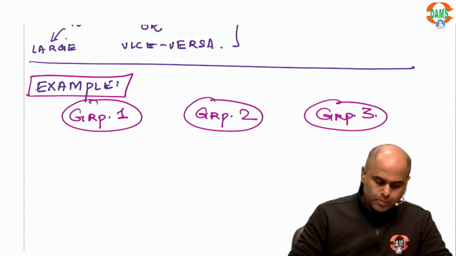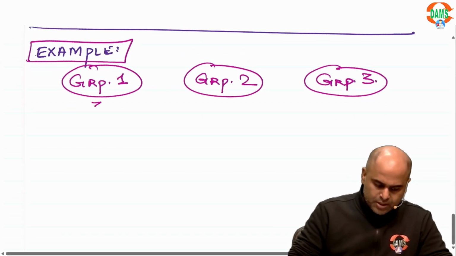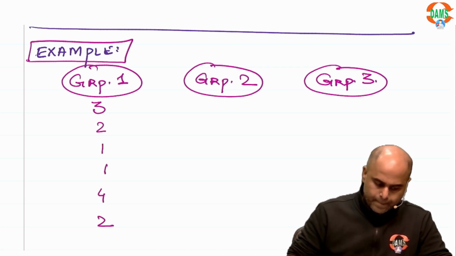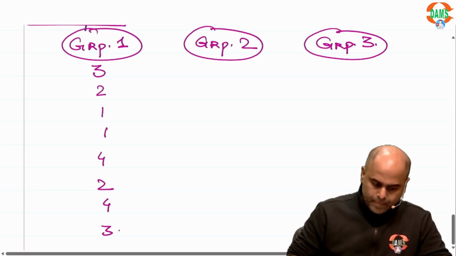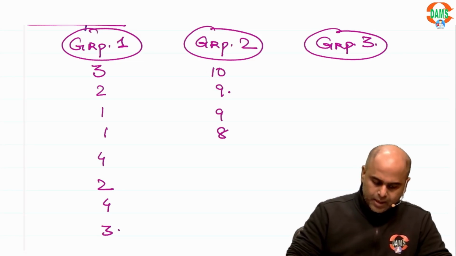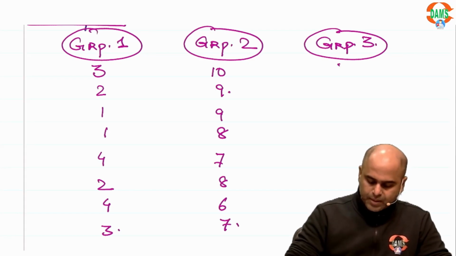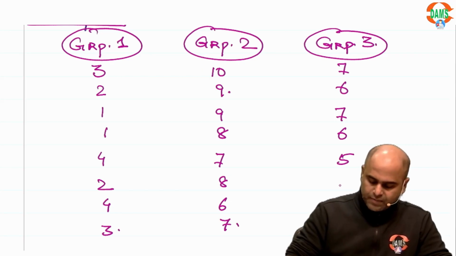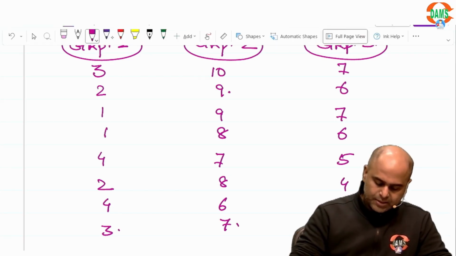Now the values are something like this. 10, 9, 9, 8, 7, 8, 6, 7, 7, 6, 7, 6, 5, 4, 3, 6. Something like this.